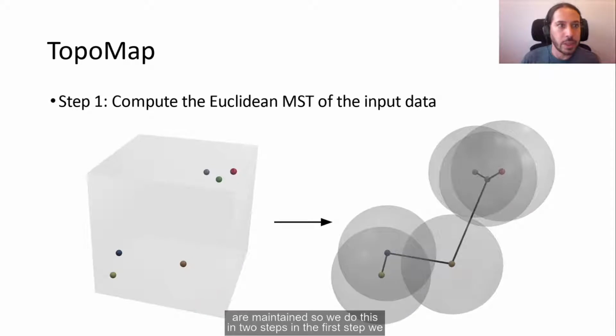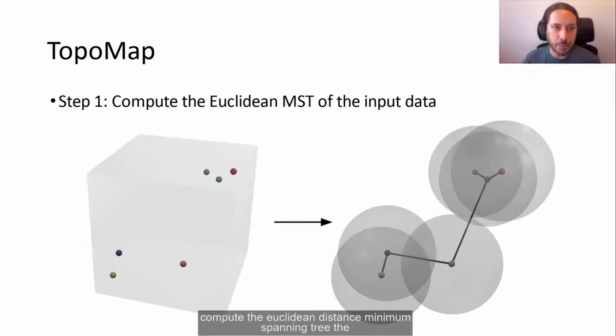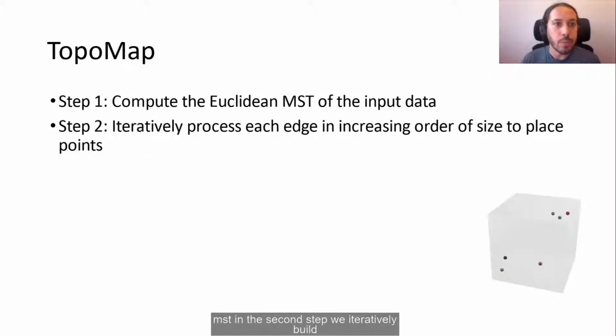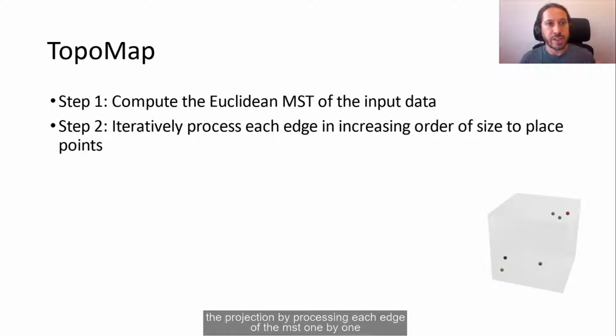So we do this in 2 steps. In the first step, we compute the Euclidean distance minimum spanning tree, the MST. In the second step, we iteratively build the projection by processing each edge of the MST one by one in increasing order of their length.